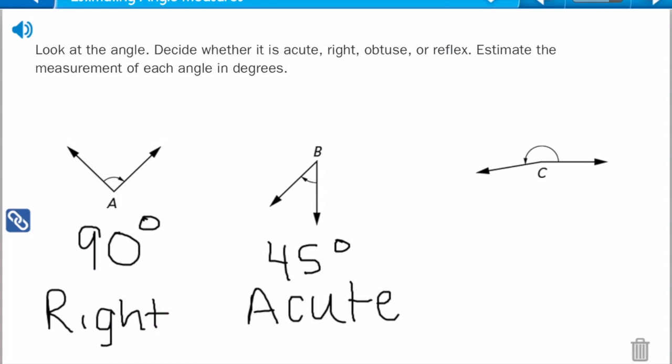So, more than 180. And another hint, when we're looking at reflex angles, is when it's on the outside. As you can see here, it's on the inside on B and A, but on C, it's on the outside. And so that's how you know that it's a reflex angle.